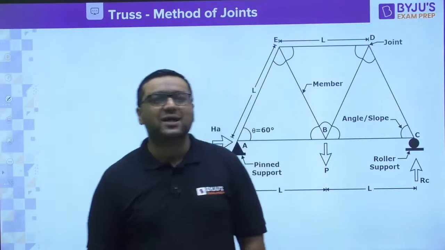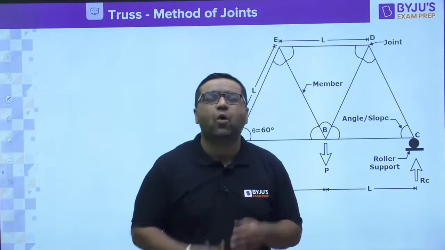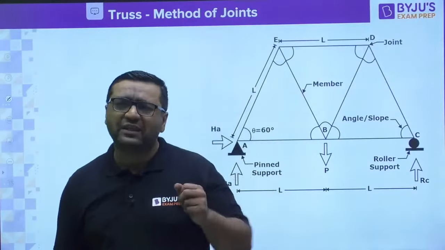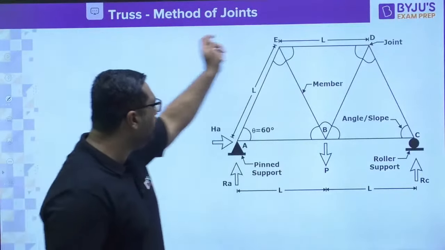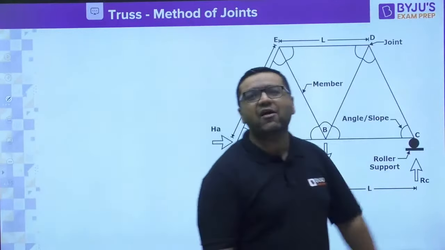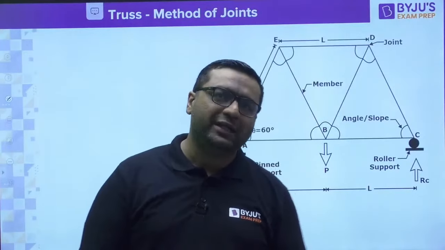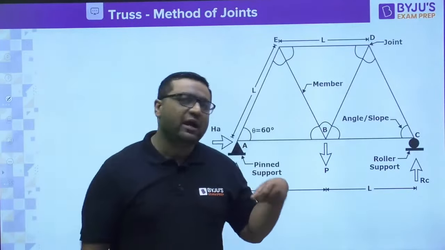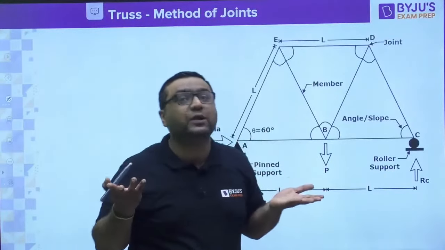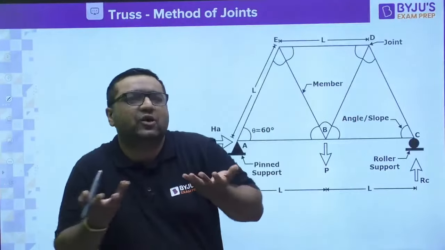So now we are starting with the method of joint. When we are talking about method of joint, it says that if the entire body is in equilibrium, then every joint of this body will also be in equilibrium. Trusses are used to bear the load, so they are not moving.